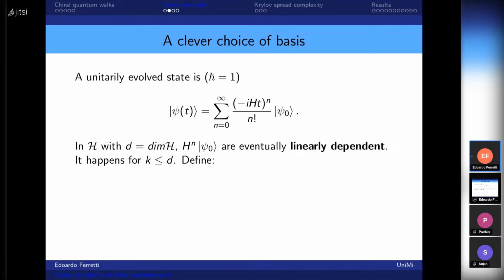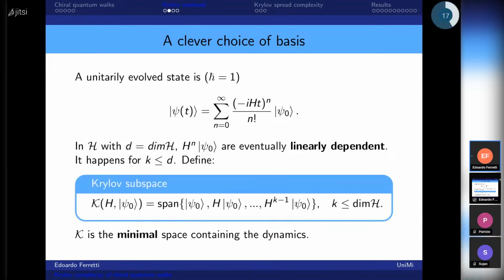So we have just a sum of numbers, a series of numbers, and psi 0 itself. So we define this subspace called the Krylov subspace. This is the span of all these powers up to k, which implies that H to the k applied to psi 0 is linearly dependent on all these other ones.